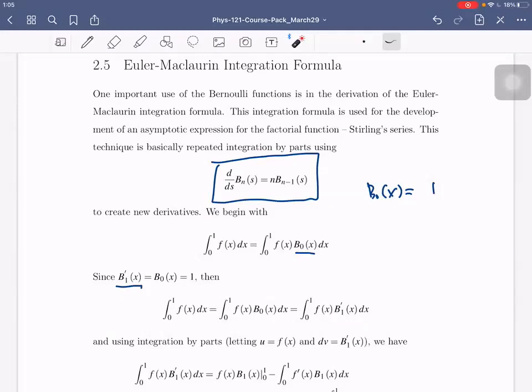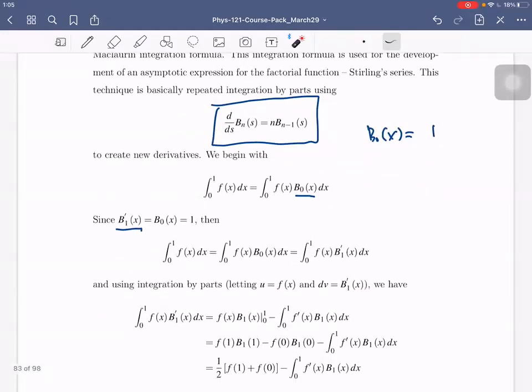It's the same, right? So using integration by parts, we can let u be f of x, and dv be b sub 1 prime of x. It's always like that, right?